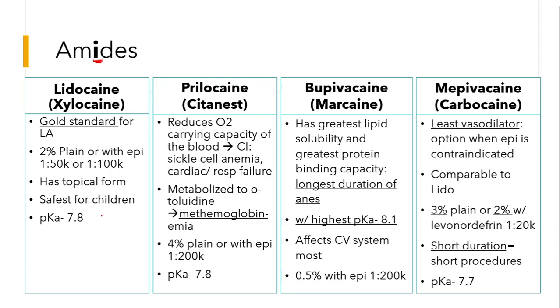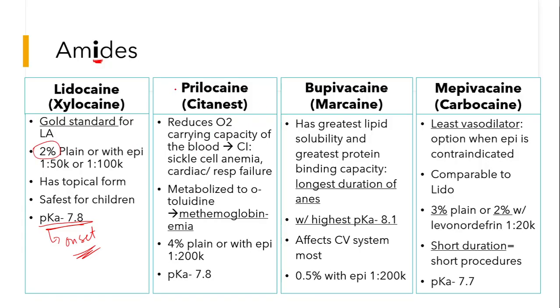It is the safest for children and for pregnant women. The pKa is 7.8. Again, what was mentioned regarding pKa, pKa has something to do with the onset. The lower the pKa, the faster the onset of your anesthetic. Okay? So lidocaine, gold standard. It comes in 2%, either plain or with epi.